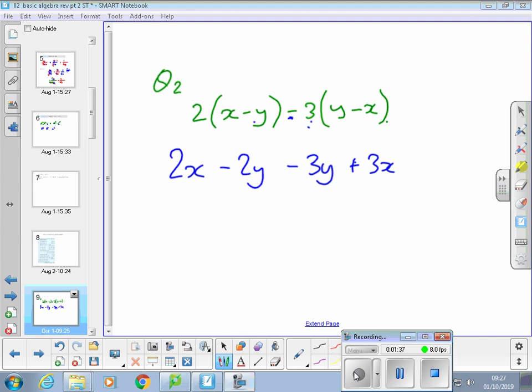Because now we can gather the like terms. So we've got 2x here and 3x there is 5x. Then minus 2y, take away another 3y, is minus 5y, and then we've got a 5 term that we can factorise.